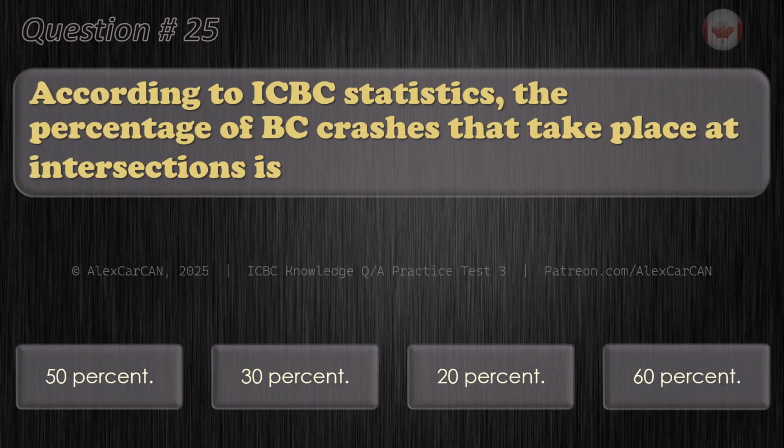Question number 25. According to ICBC statistics, the percentage of BC crashes that take place at intersections is 50%, 30%, 20%, 60%. The correct answer is 60%.